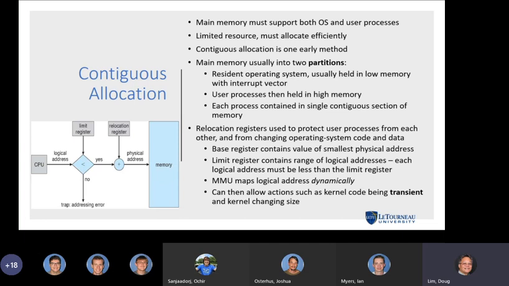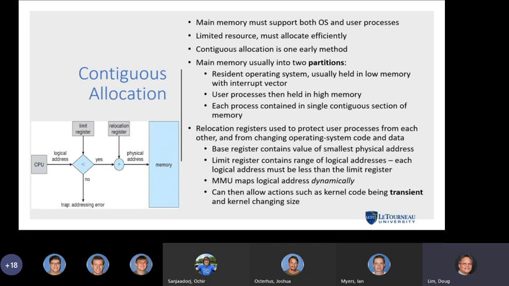The main memory needs to be managed so that both operating system processes and user processes can coexist and use the memory. You could imagine that the operating system processes may take precedence or have higher priority over user processes.